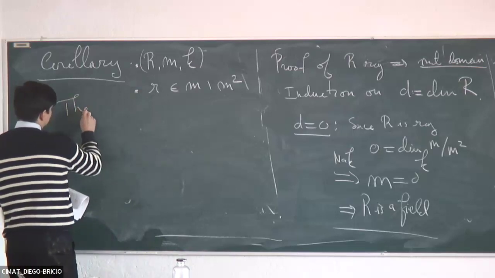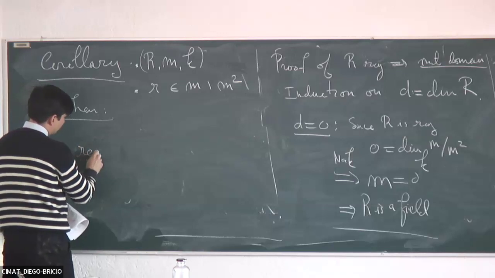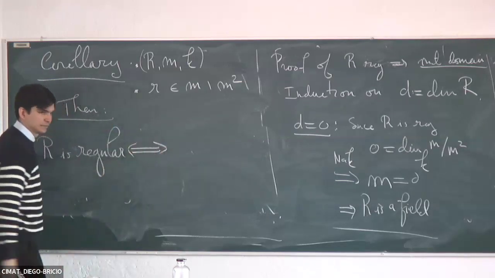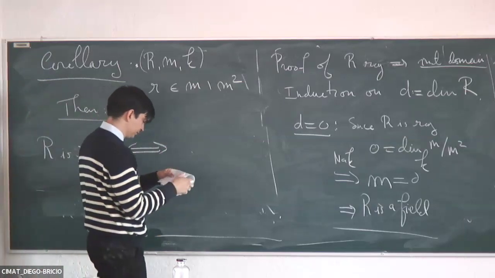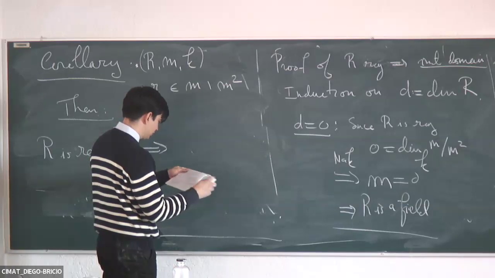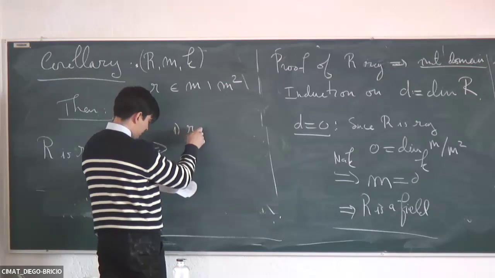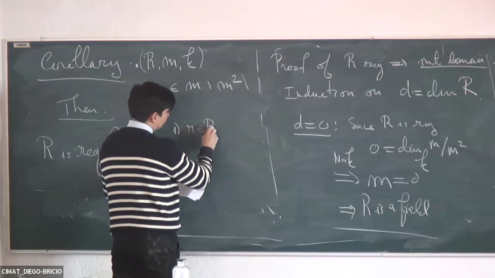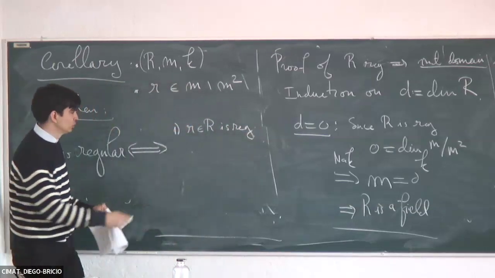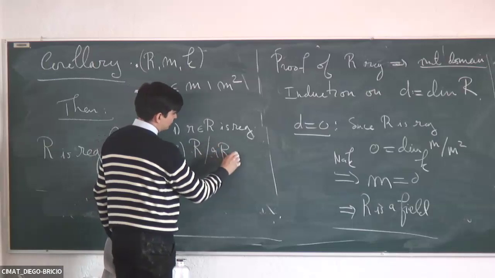So then, look at this. R is regular if and only if two things. Actually, we just proved one direction, and the other one is trivial. So, two things. First, R is regular. And two, R modulo R times R is regular.